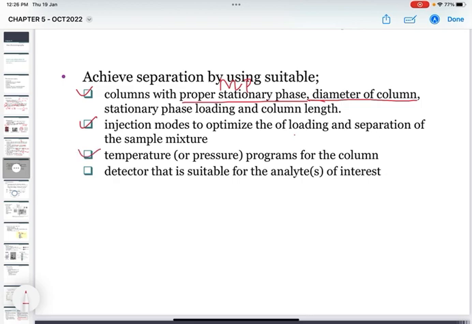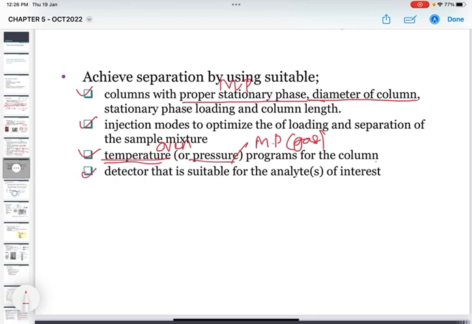Temperature program for the column. Temperature or pressure, this one we can adjust. We can change the temperature of the oven as well as the pressure of the mobile phase, the gas. We can set it, remember we have a pressure regulator, so that we can set it to get the optimum or the best result.